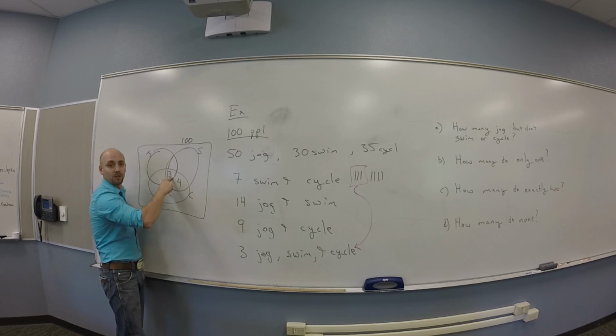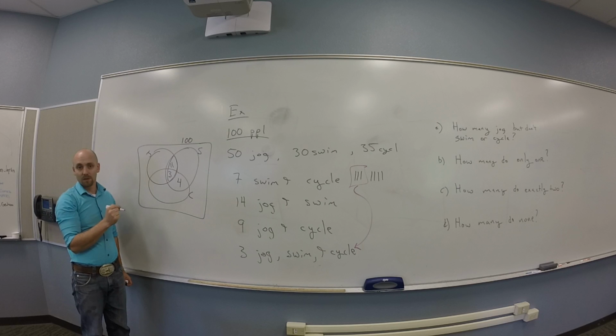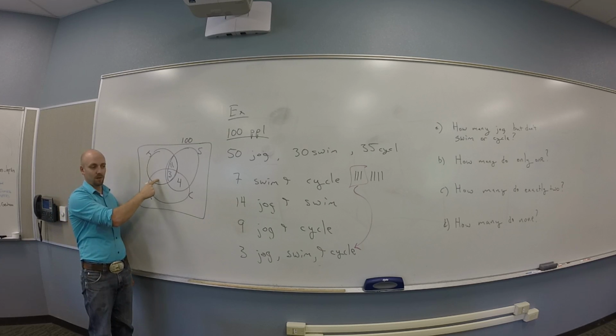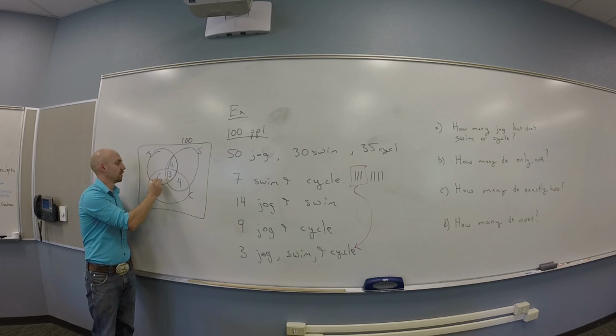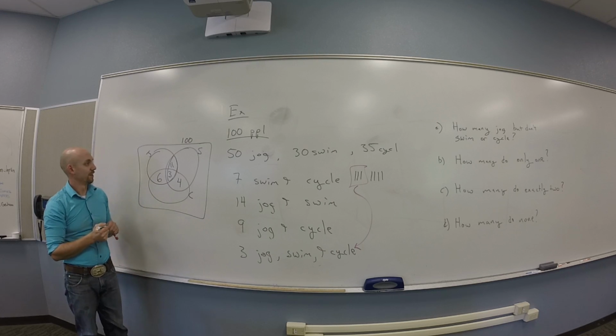So the other bit has 11 people in it. How about this one? That's the people who jog and cycle but don't do all 3. How many in there? 6.